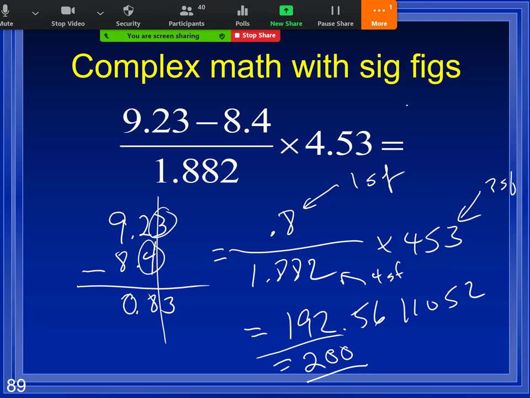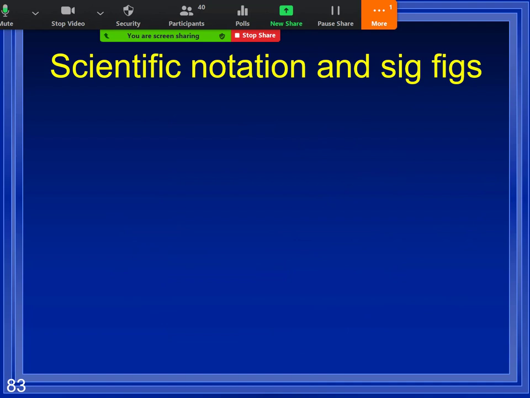Okay. Now I want to tie a couple of pieces together. We talked about scientific notation. Now we're going to talk about scientific notation and sig figs. What does scientific notation do to sig figs? Well, actually, it's your friend.